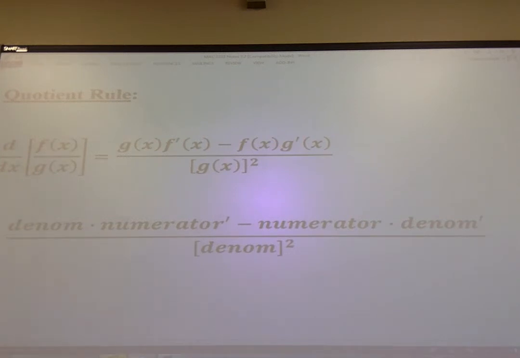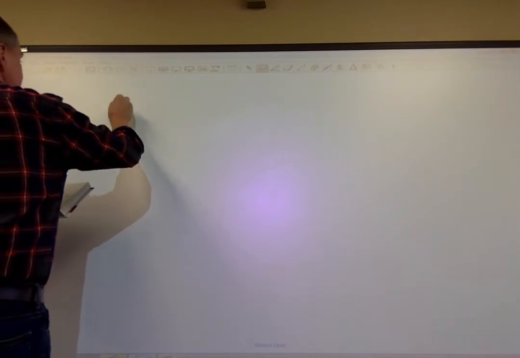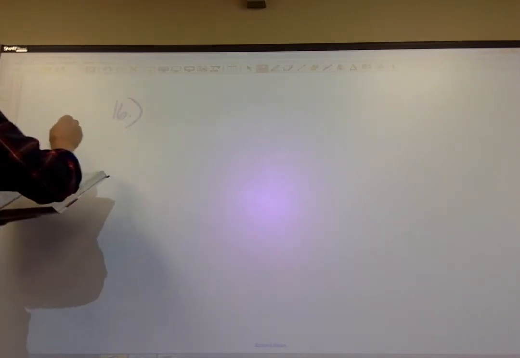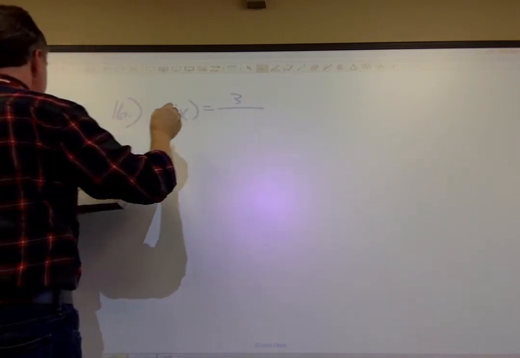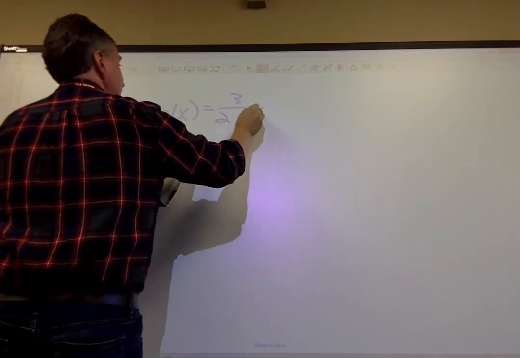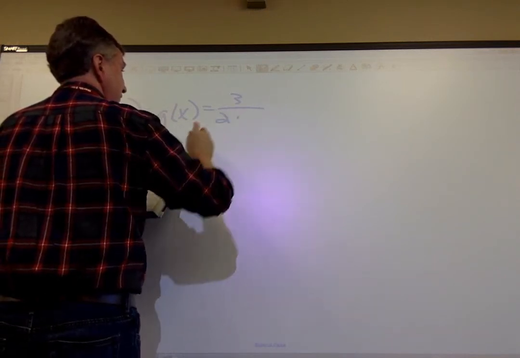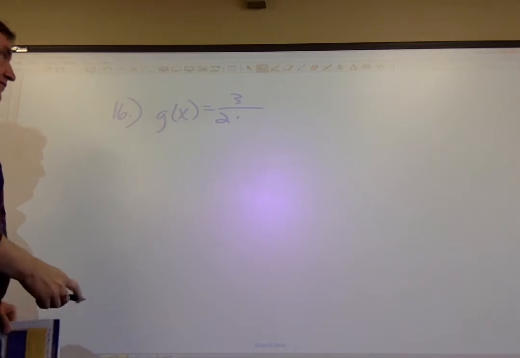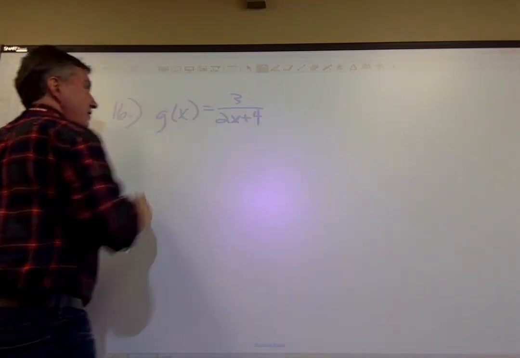I picked out number 16 for us to try first by the quotient rule. Is it okay if I cover this up? You got it? 16 says g of x is 3 over 2x plus 4. There we go.